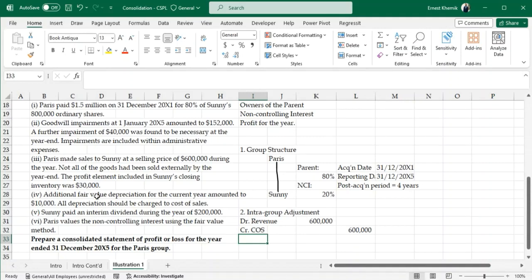Now, the note is telling us that not all of the goods had been sold externally by the year end. The profit element included in Sunny's closing inventory was 30,000.